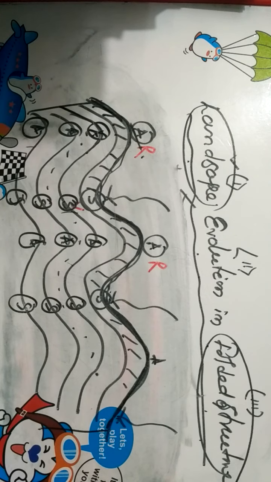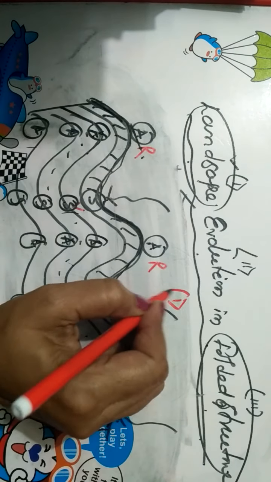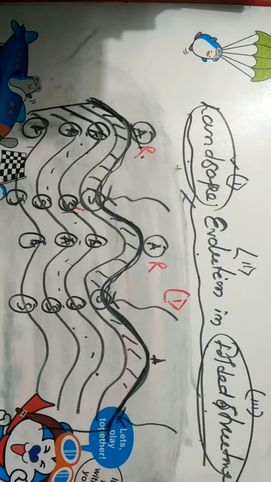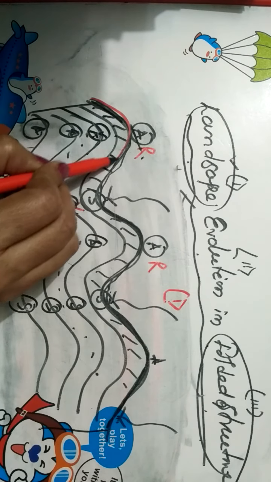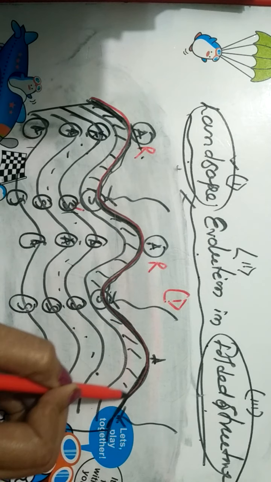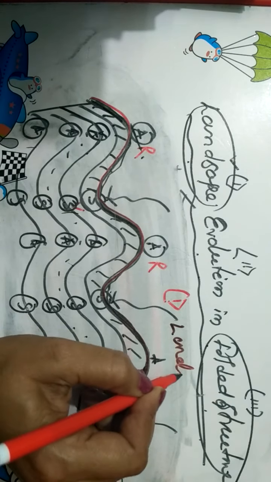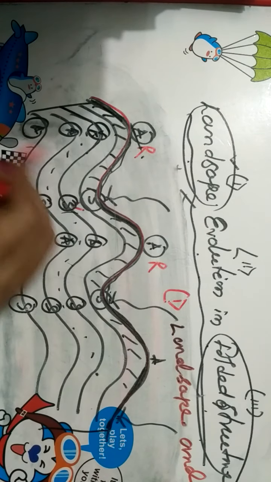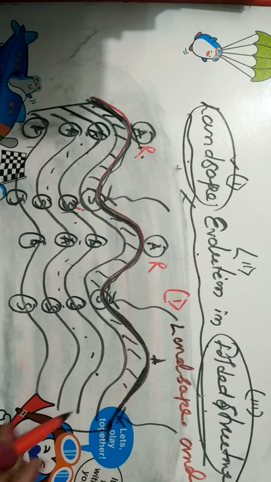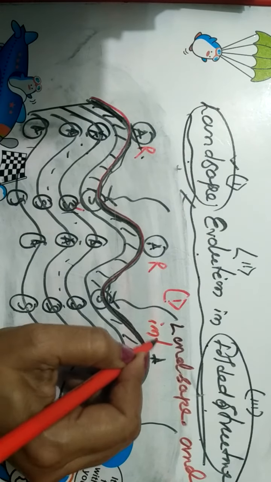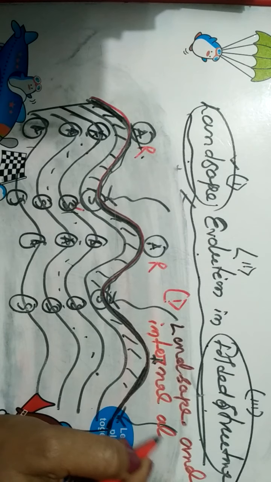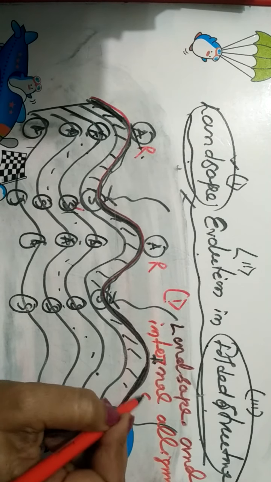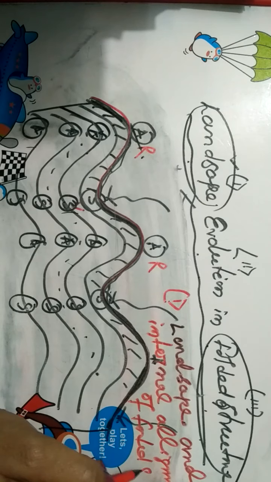So the first point is that initially when the landscape evolution started, there is a balance, there is a similarity between the landscape of the earth's surface and the internal alignment of the folded structure.